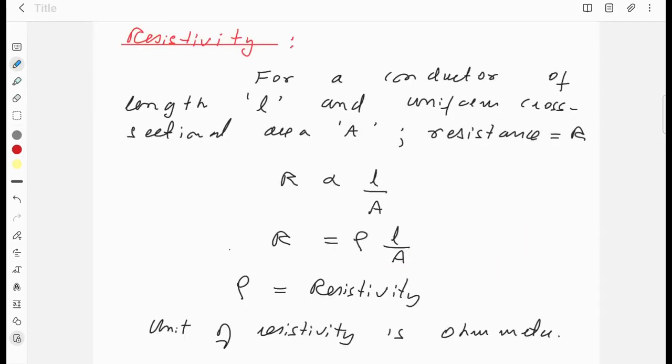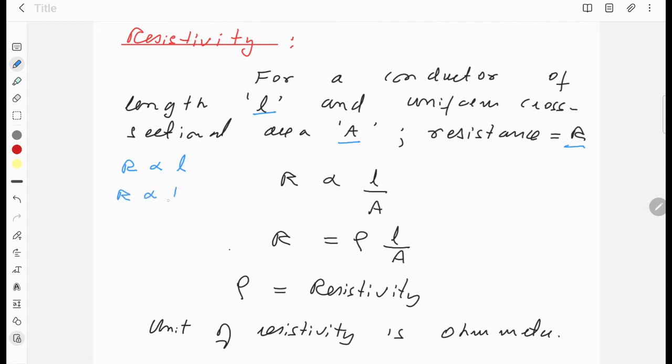Resistivity. For a conductor of length L and uniform cross-sectional area A, while resistance is R, we can say resistance of a conductor is directly proportional to length of the conductor.